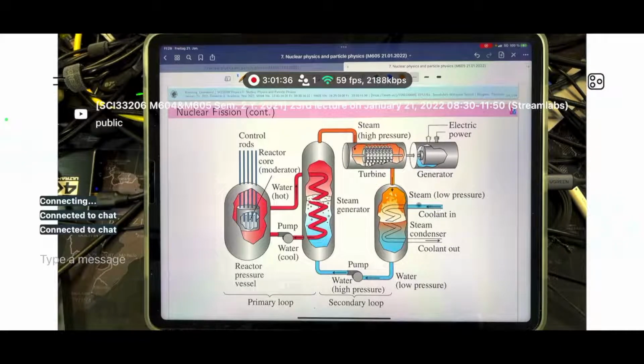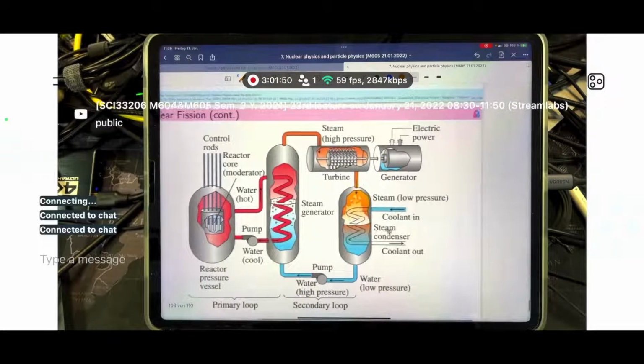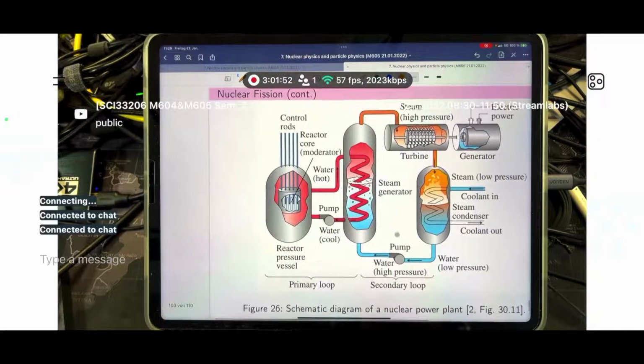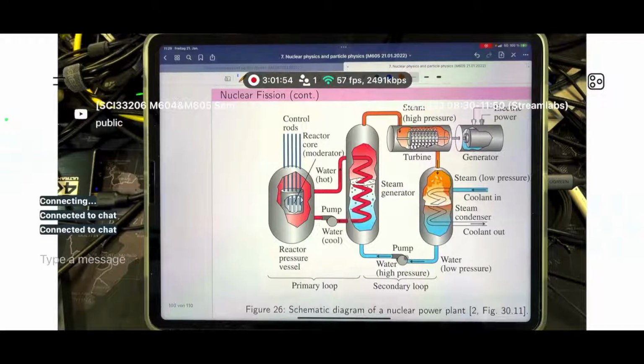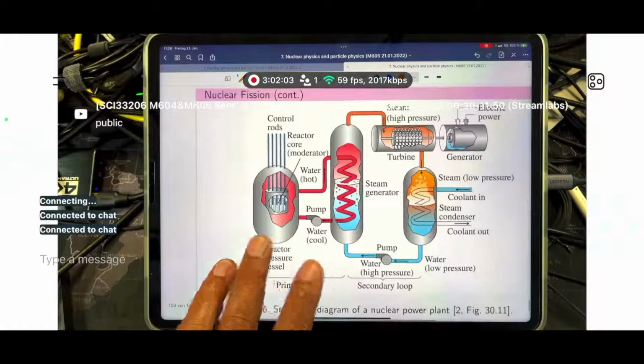We use low-temperature water to absorb the heat of this steam, so that the gas state of the water is condensed to become the liquid form. Then we use the pump to move it around to the next boiling process. And that's the whole thing for the nuclear power plant.